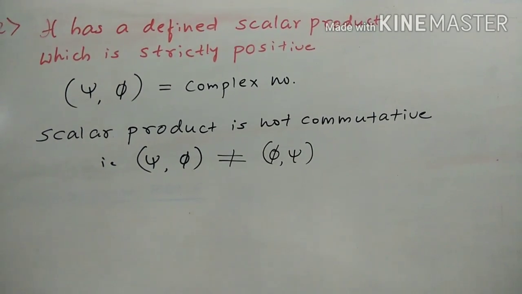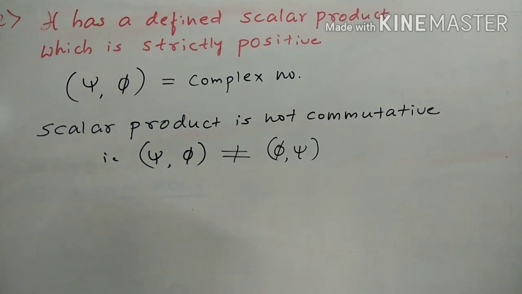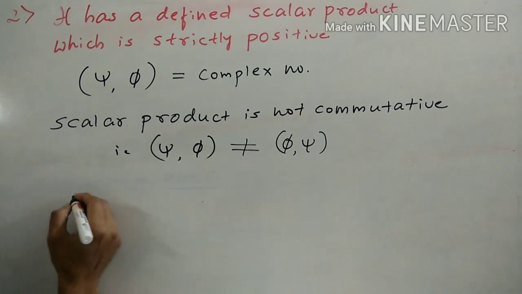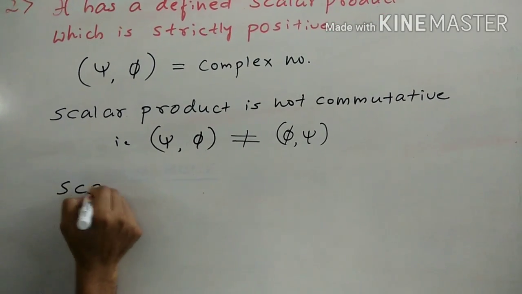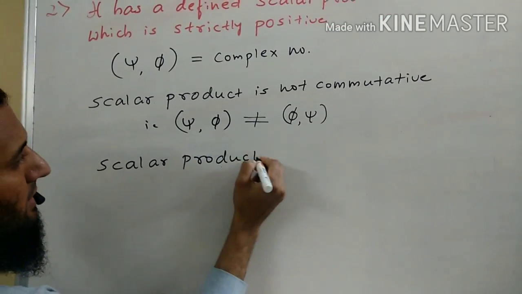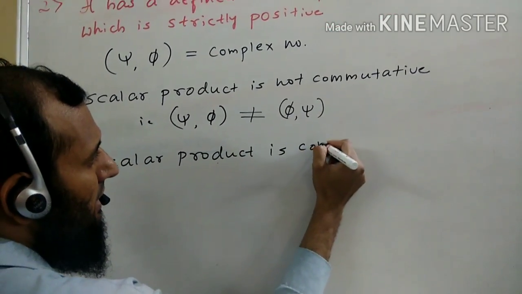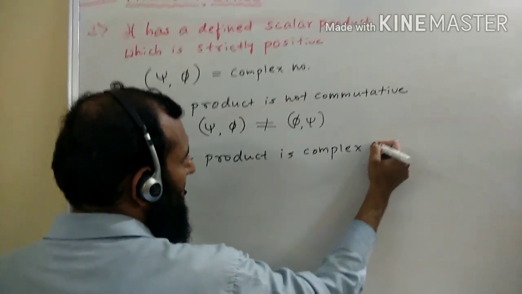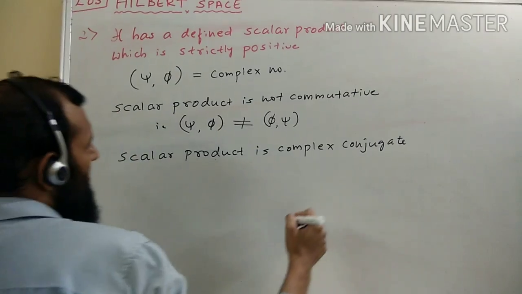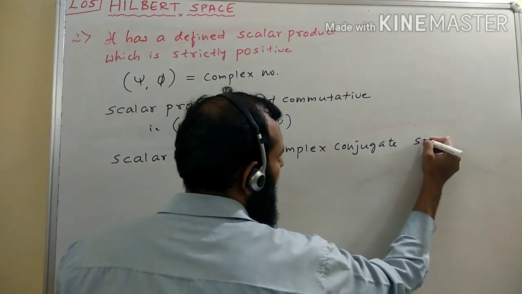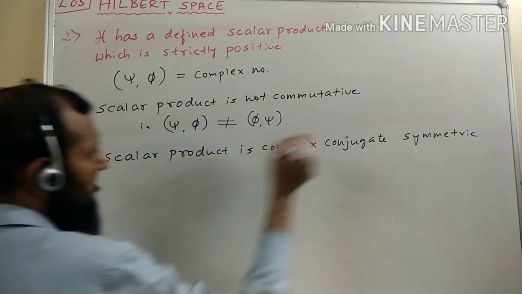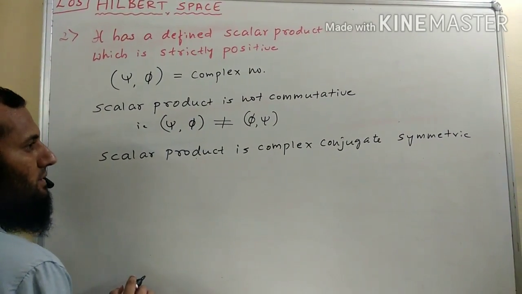It is not commutative; instead, the scalar product is complex conjugate symmetric.